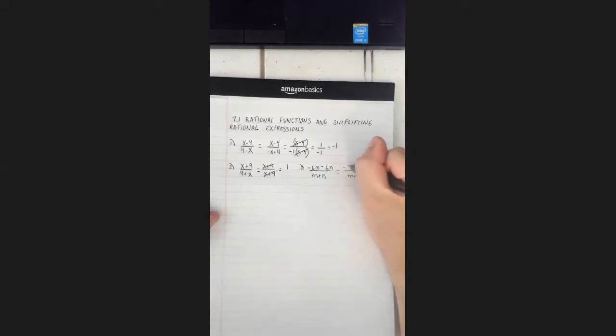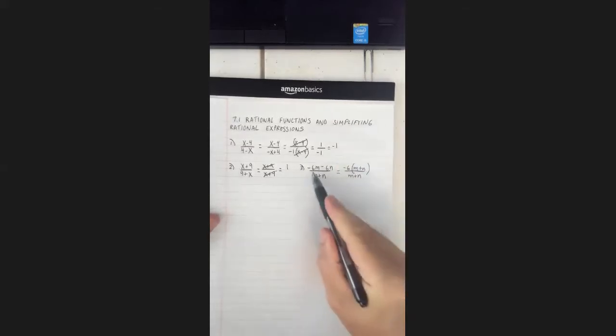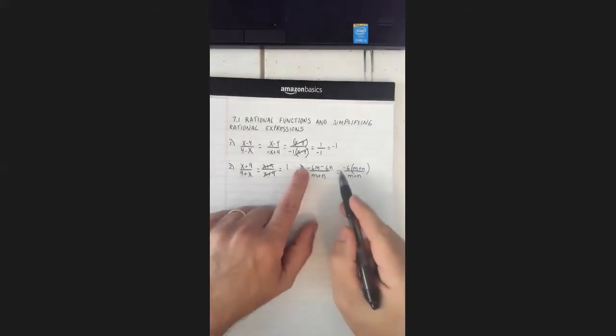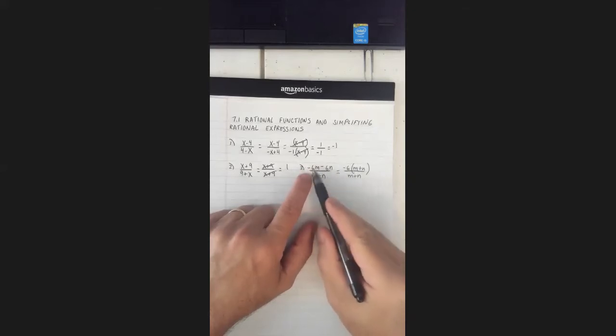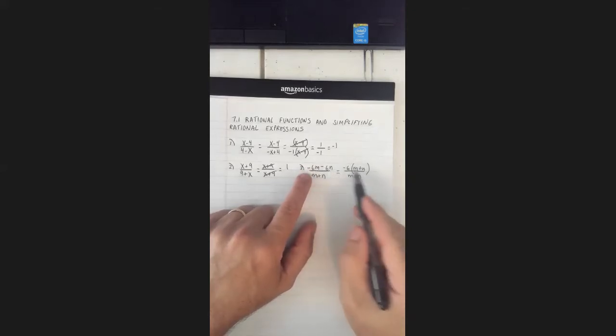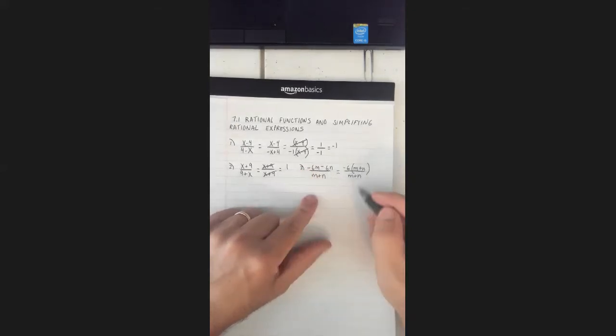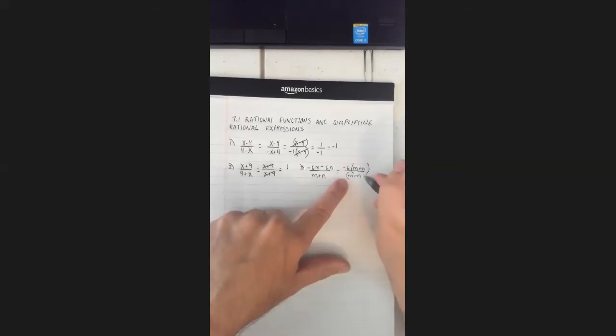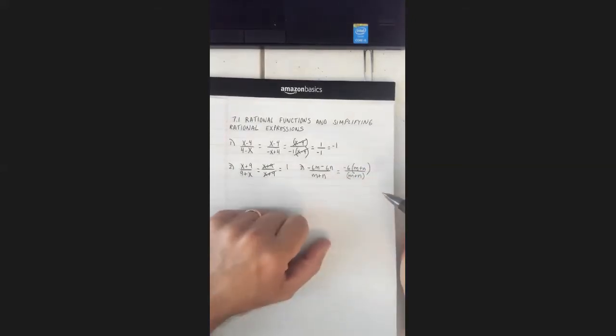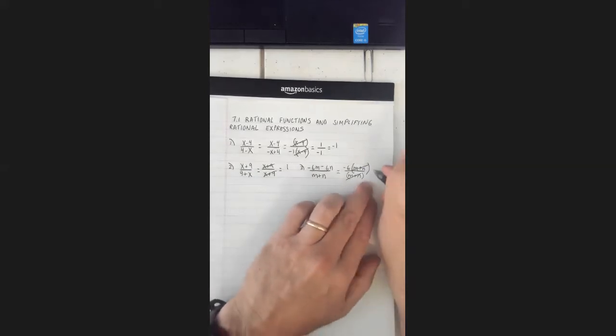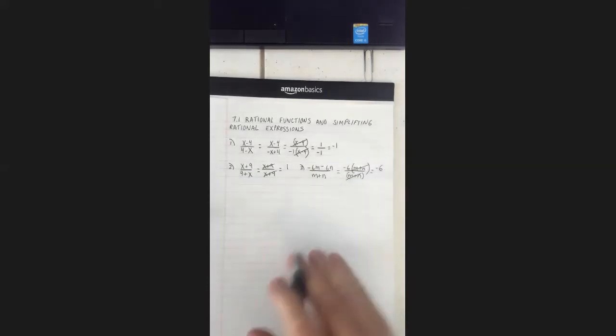Well, I can factor out a negative 6. And that will leave me m plus n. Again, the negative 6 is coming out. Since I'm factoring out a negative, it's going to switch the signs of both of these to positive. And again, these are the same. So even though this wasn't in parentheses, you can put these in parentheses if it makes you feel better. The m plus n's would cancel out, and I'm just going to be left with negative 6.